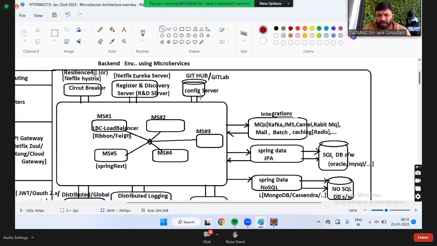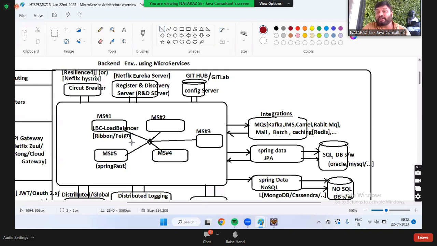Definitely GitLab is for a different purpose. Does it make sense or not, boss? Already I said they should be registered in the registration and discovery server, right? Why do you do the same thing in GitLab or GitHub? The config server is there to maintain common properties with common values. I have given an example also.